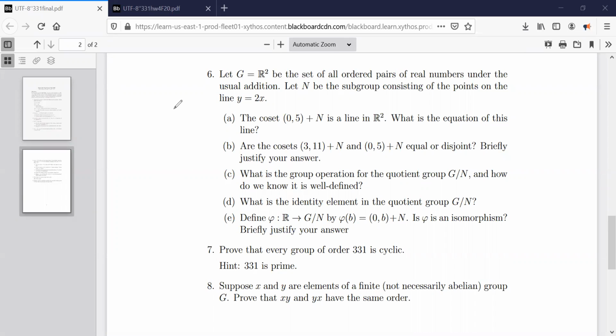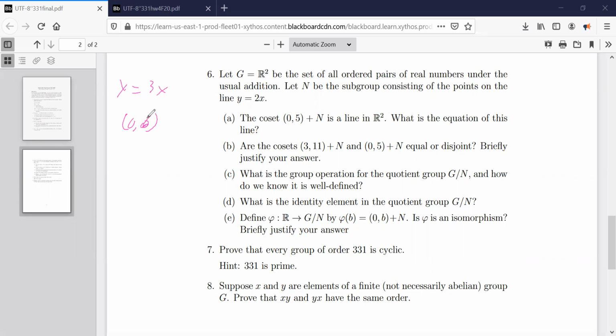I'm just going to change the line so that we'll be working with y equals 3x, and then we'll work with the point (0, 6) instead. Cool. So what does it mean to examine the coset (0, 6) plus N?